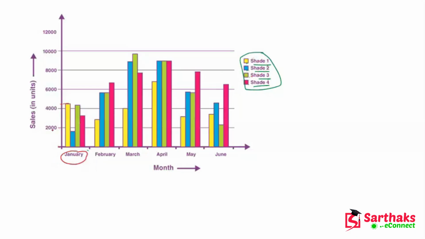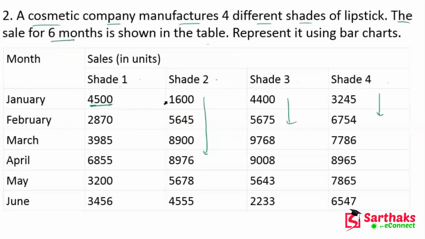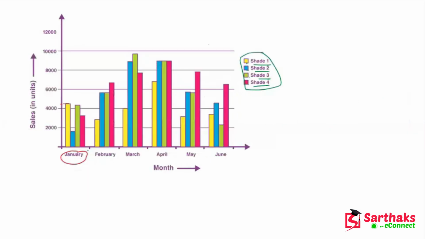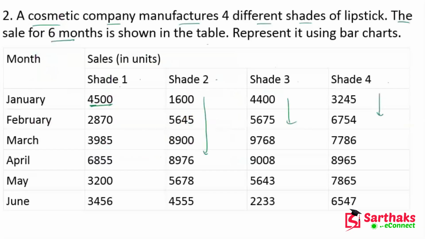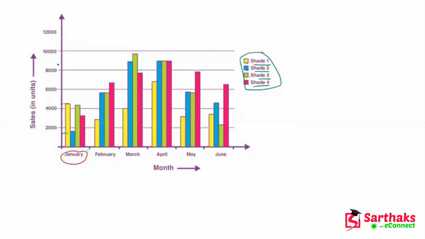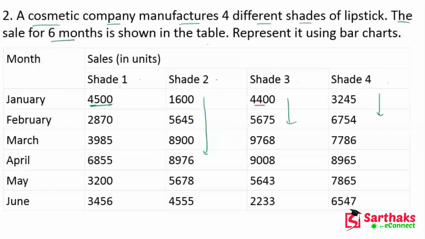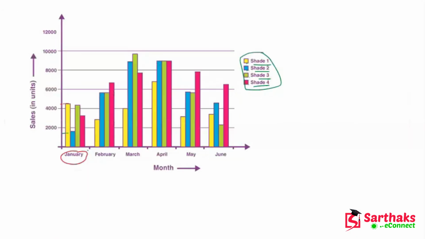The sale of shade 2 is 1600, so the length is equal to 1600. The sale of shade 3 is 4400, so the length of the bar of shade 3 is 4400, like this.